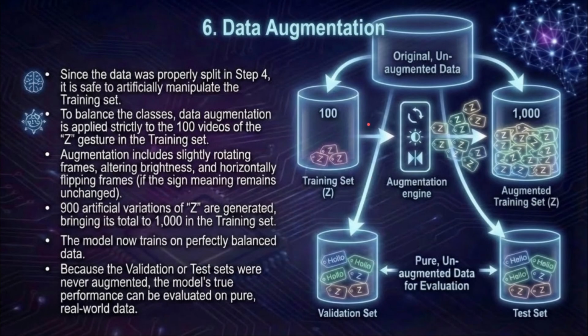Augmentation is nothing but this: this is our unaugmented, original data. From this data, we have got the training set, validation set, and test set. From this training set, where we have fewer examples of Z, we'll rotate, increase brightness, decrease brightness, or flip the video, and create different copies with some changed properties of the same 100 examples.